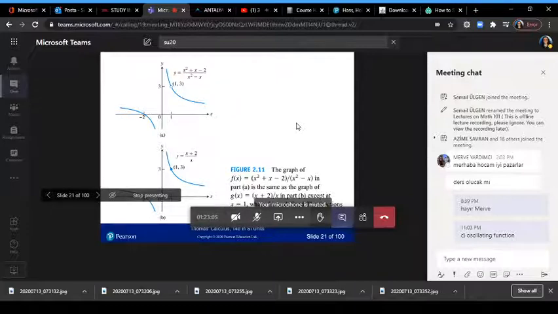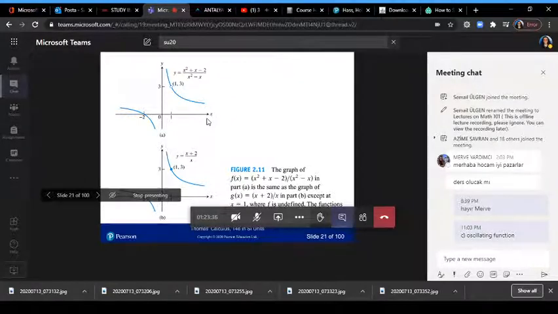Let's give some examples. Let's say we have the function x squared plus x minus 2 over x squared minus x. This is a rational function because it's a polynomial over a polynomial. Of course, right now you don't know how to draw these, but at the end of the summer semester, you'll be able to draw them by hand.